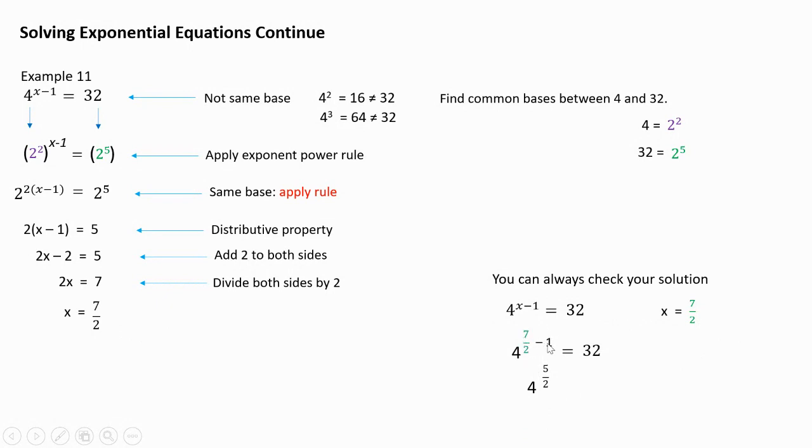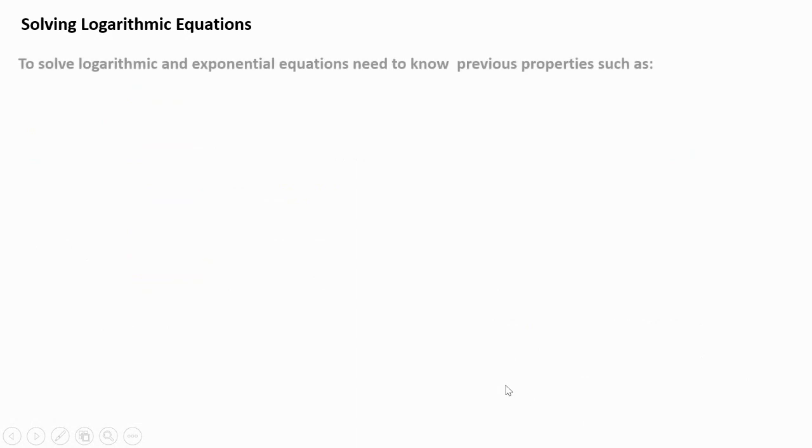So we have 7 over 2 minus 2 over 2. 7 minus 2 will give us 5. That's why 7 halves minus 1 will give us 5 over 2. And again, if you put that in the calculator, it's going to give us 32. So this actually checks out.